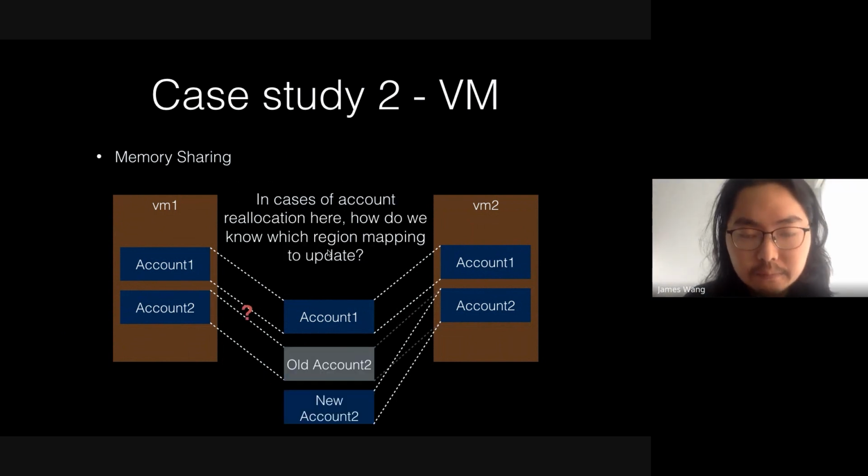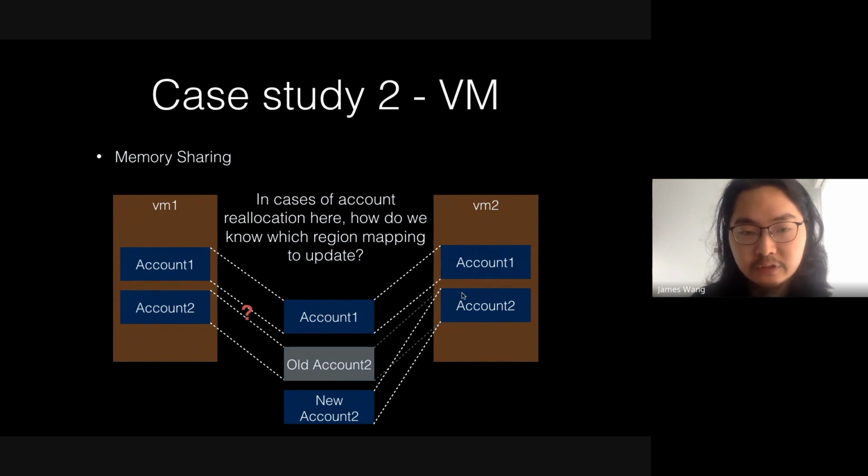So let's talk about the update part. After returning from the second VM, if one of the accounts has grown, then we have to have a way to decide which mapping to update, right? We have to decide whether the second account buffer belongs to the second account or to the first account.